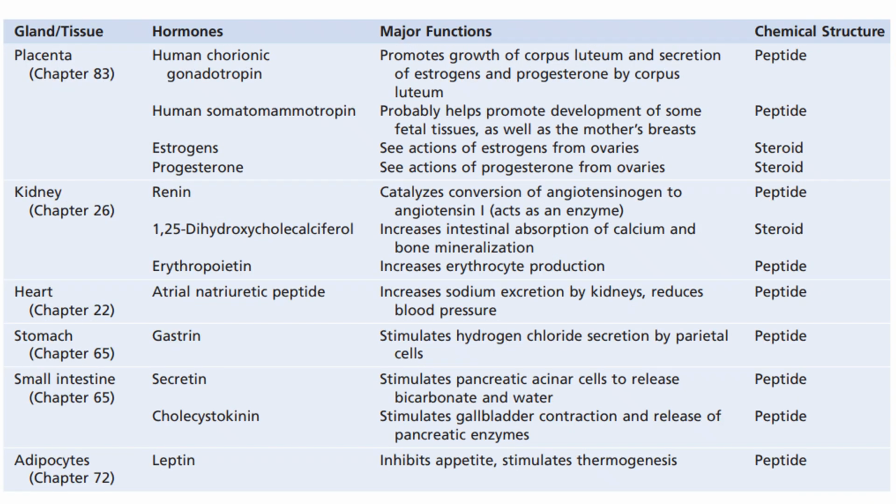In this table, a comprehensive summary of the hormones produced by non-classical endocrine glands and tissues, including the placenta, kidney, heart, stomach, small intestine and adipocytes, is given.